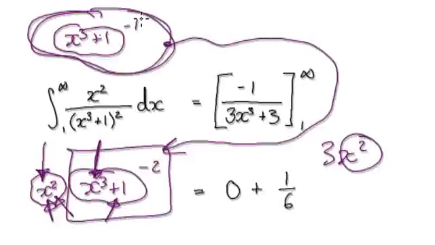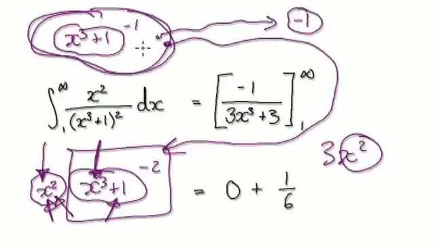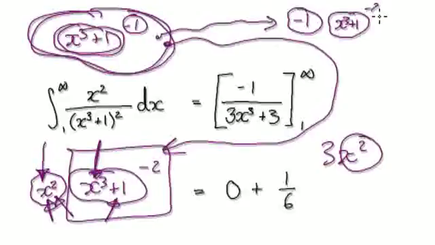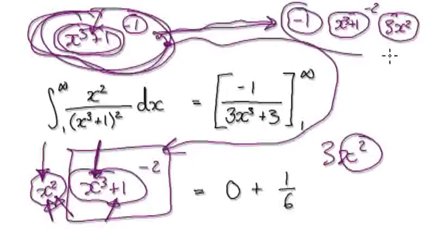Now if I were to ask you to differentiate it, the power will come down here, so that will be minus 1, and then the bubble stays intact, x to the power 3 plus 1. The power here gets reduced by 1, and then you times the derivative of the bubble itself, which will be 3x squared. And then when you differentiate this, it will give you this whole thing here.